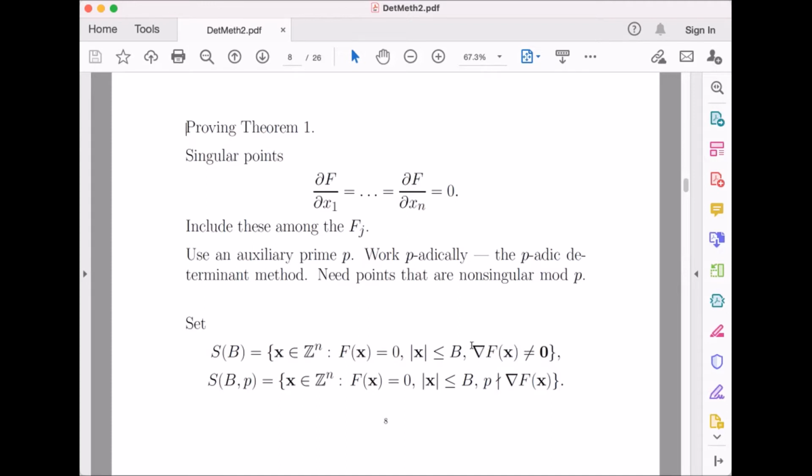So these are the points that are non-singular. And we'll have the corresponding sets S_B,P, which are the points that are non-singular modulo p. And we know it's enough to consider only points in S_B. We'd like to know it's enough to consider only points in S_B,P.